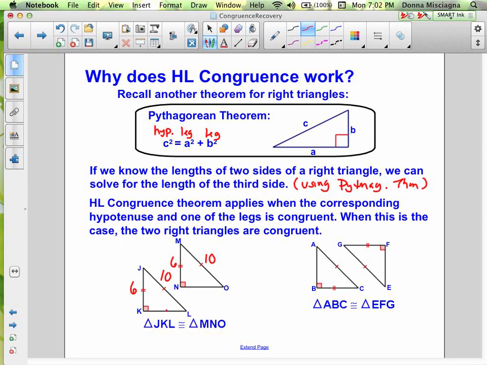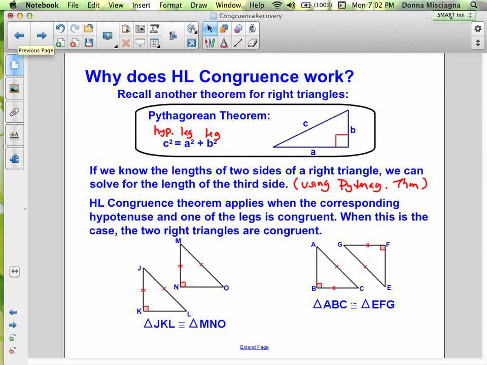By the way, that missing side would have been 8. Because the Pythagorean theorem holds for right triangles, anytime we have two sides, we could have always used it to find the third side.